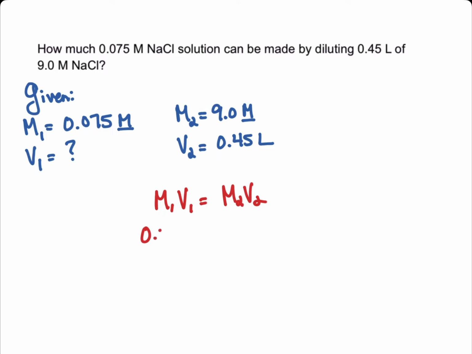My M1 is 0.075. My V1 is my unknown. I can go ahead and solve for my V1. And that's the final answer, 54 liters. Good luck and keep practicing.